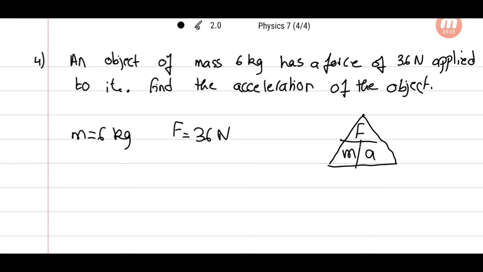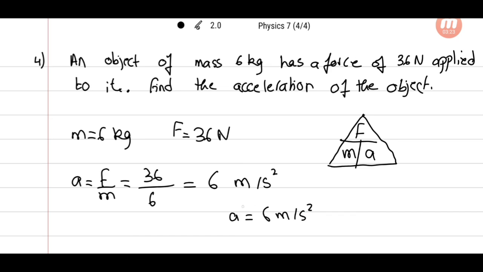So a is equal to F over m, which equals 36 divided by 6. 36 divided by 6 is 6, and the unit of acceleration is meters per second squared. So a equals 6 meters per second squared, and I am done.